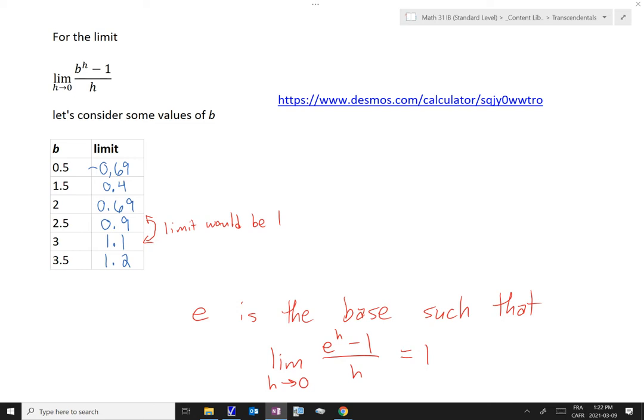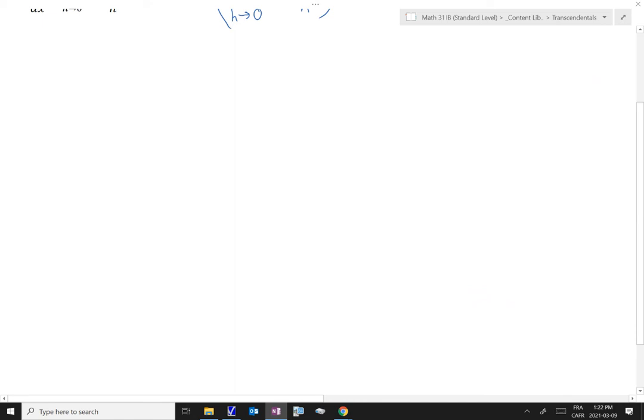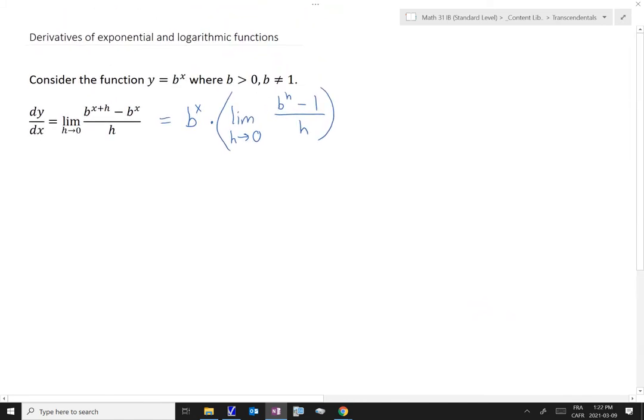So in other words, the derivative of e to the power of x would be e to the power of x. So if y equals e to the power of x, dy/dx is therefore going to equal e to the power of x times this limit, which we have specifically chosen this base to be 1.